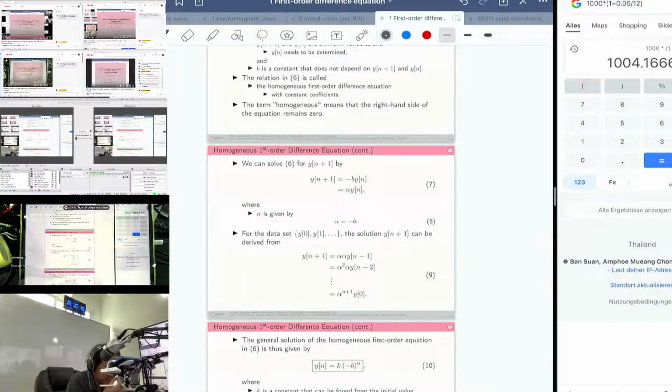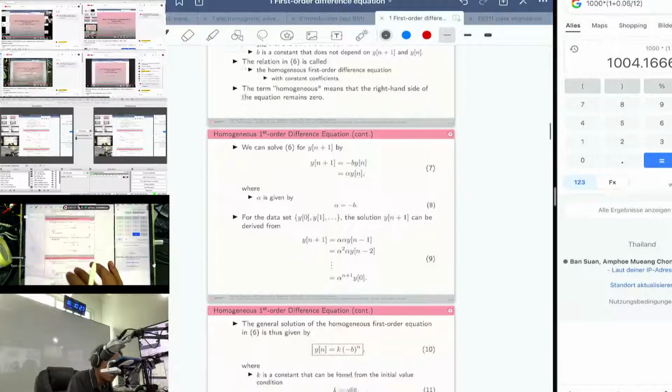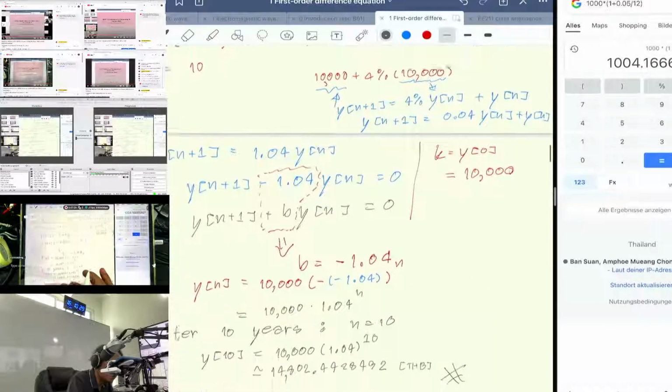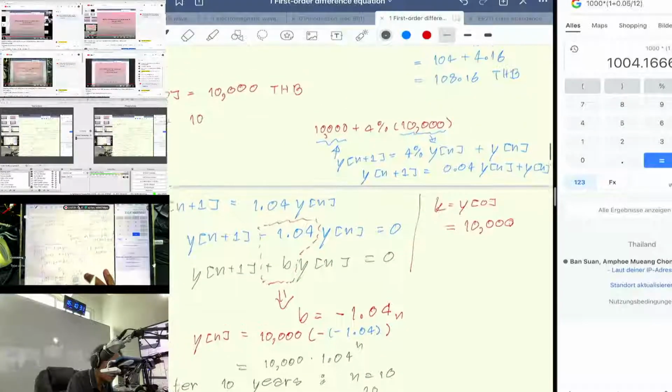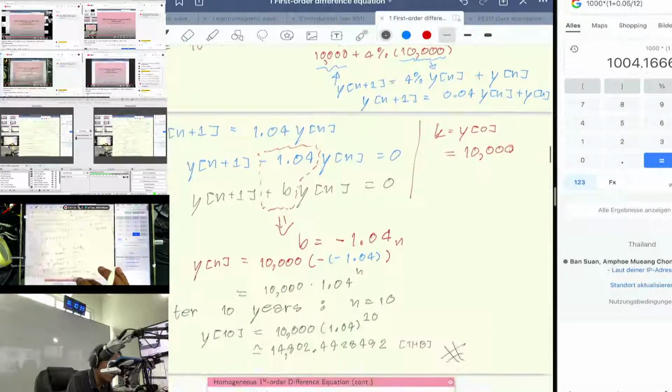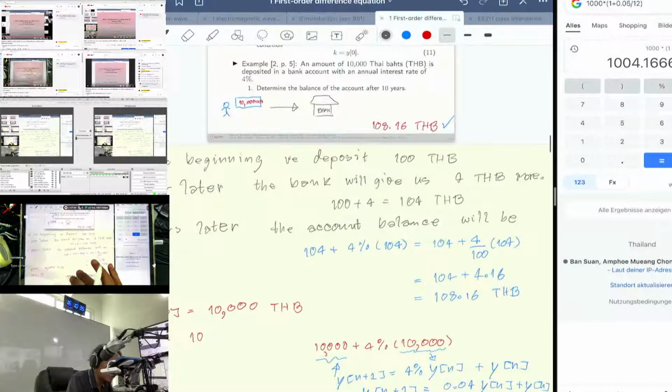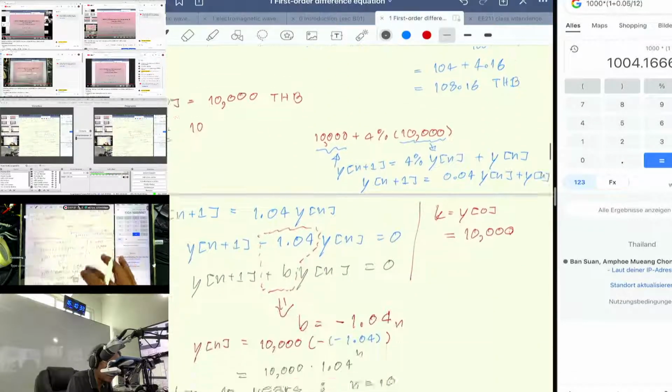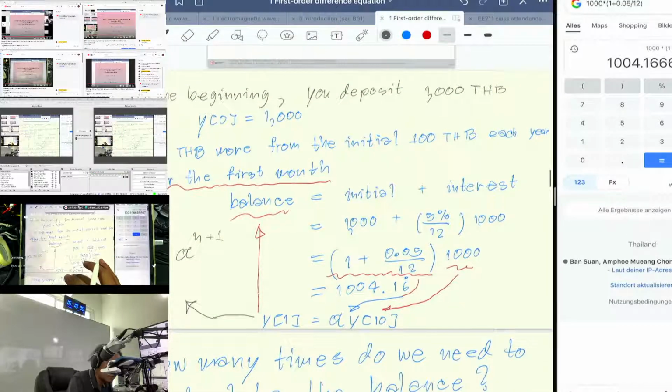If you observe only yn first, it's going to be only n. Alpha to n times y0, right?